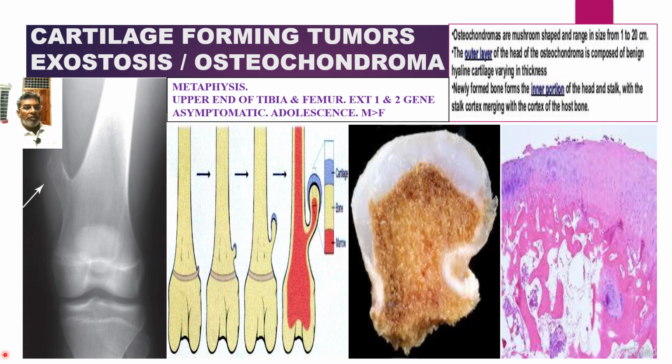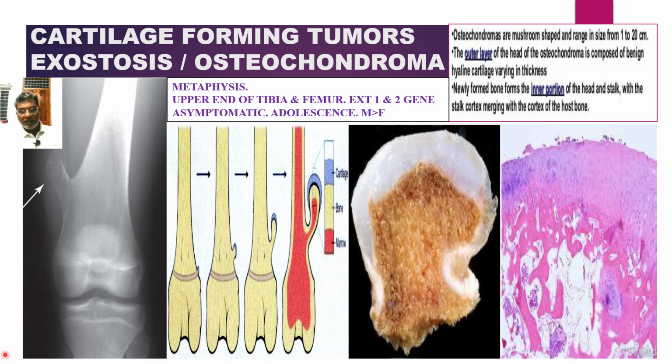Most of the time, osteochondroma is asymptomatic, present in adolescents, and males present with osteochondroma more than females. Grossly, osteochondromas are mushroom shaped and range in size from 1 to 20 centimeters.